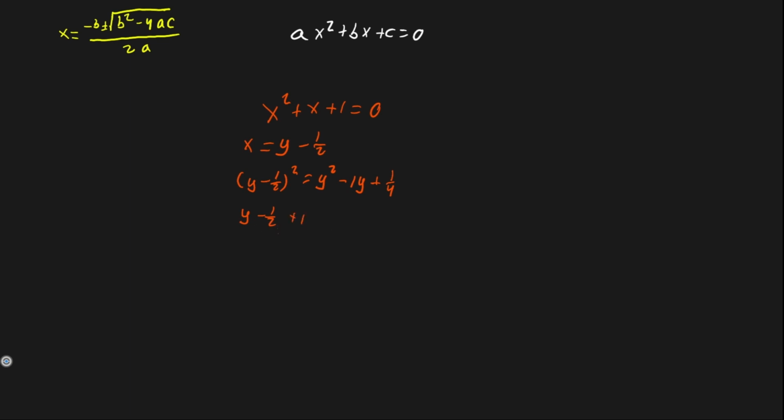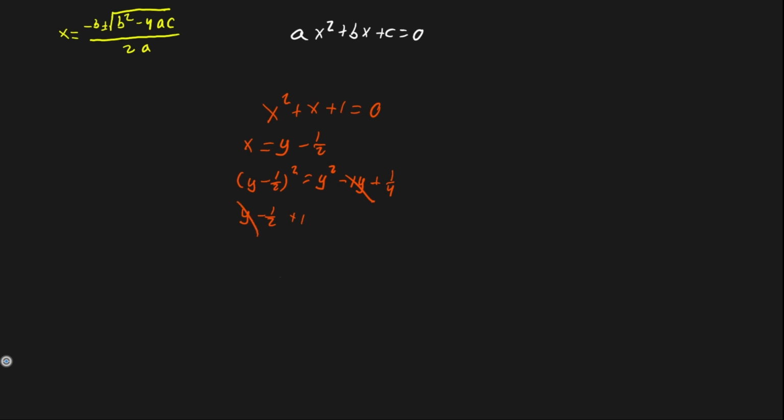So now we're going to go ahead and find our solution. So we have y squared minus y plus 1/4 minus 1 half plus 1.